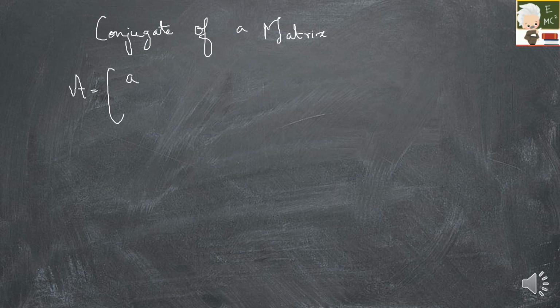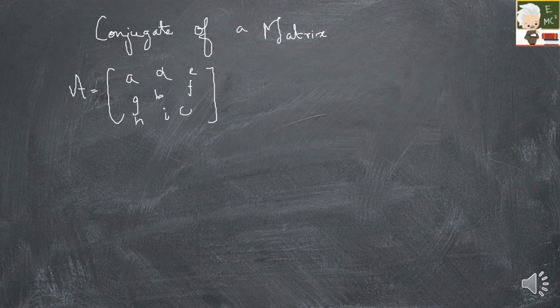Next we are going to see about the conjugate of a matrix. So what do you mean by conjugate? Let me take a matrix A is equal to A, B, C, D, E, F, G, H, I, right?